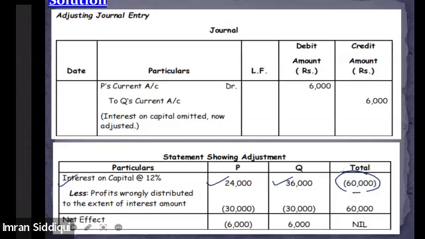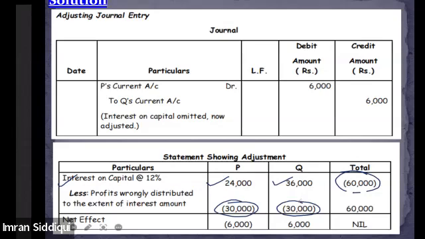Considering that it is a profit, we must have distributed it among the partners in the equal proportion. So this 60,000 has been actually distributed among the partners P and Q in the equal proportion. That means P must have got 30,000 and Q must have got 30,000 as well, since the profit sharing ratio was equal. All right.